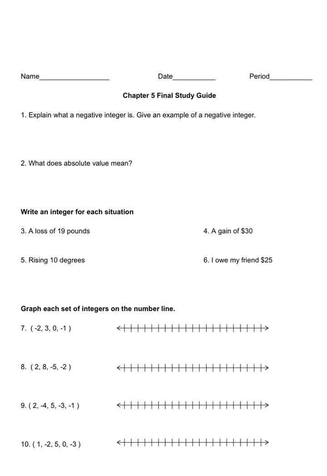Looking at question number 1. Explain what a negative integer is. Give an example of a negative integer. Excuse my handwriting here, but a negative integer is any number less than 0, right?